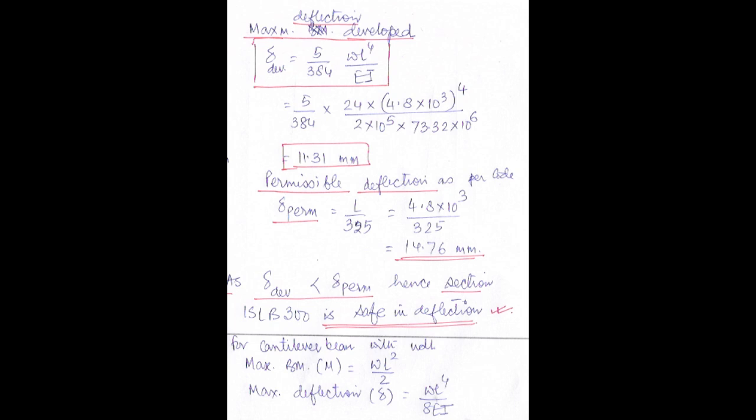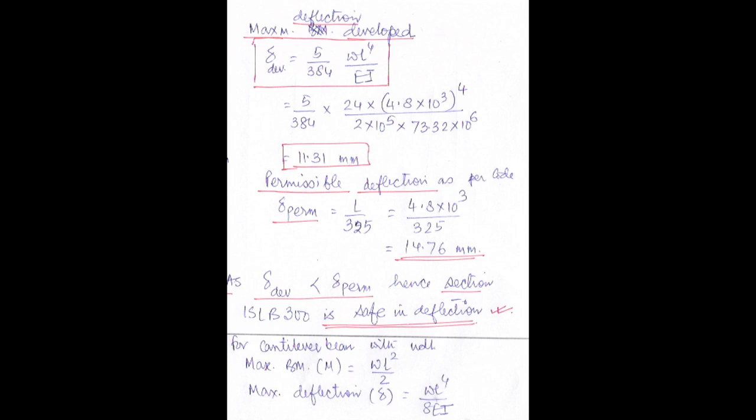Now let us see what is the permissible deflection as per IS code 800. Permissible deflection delta perm is equal to L by 325. What is the value of L? 4.8 into 10 cube, because L should be in millimeter, divided by 325. So 14.76 millimeter.